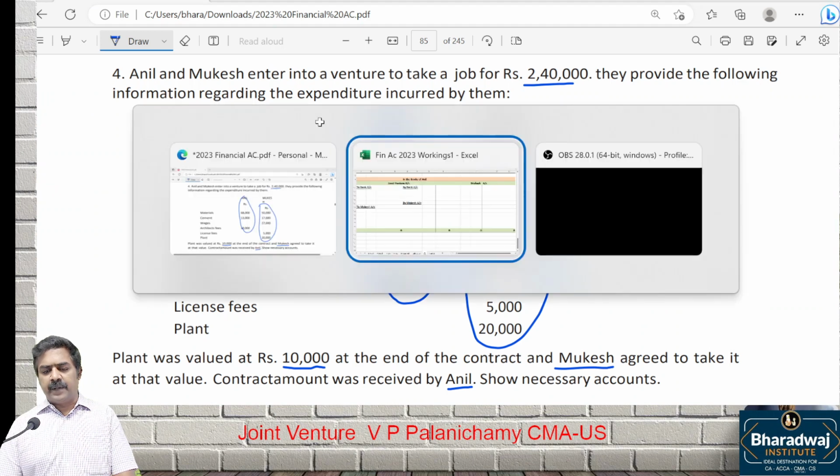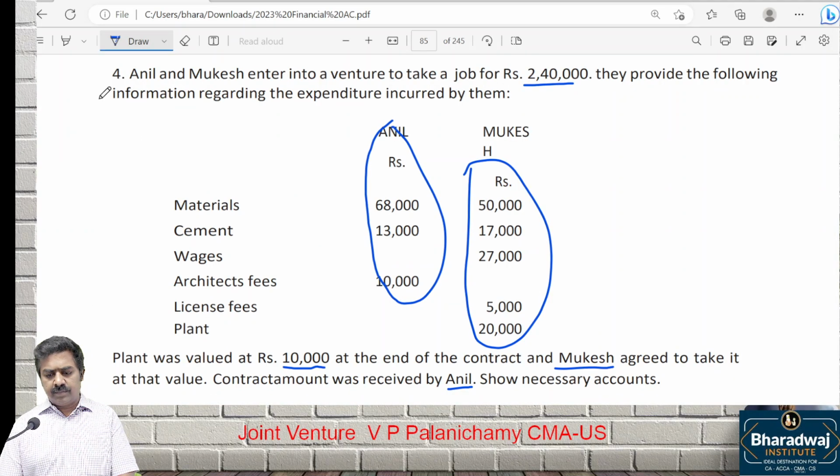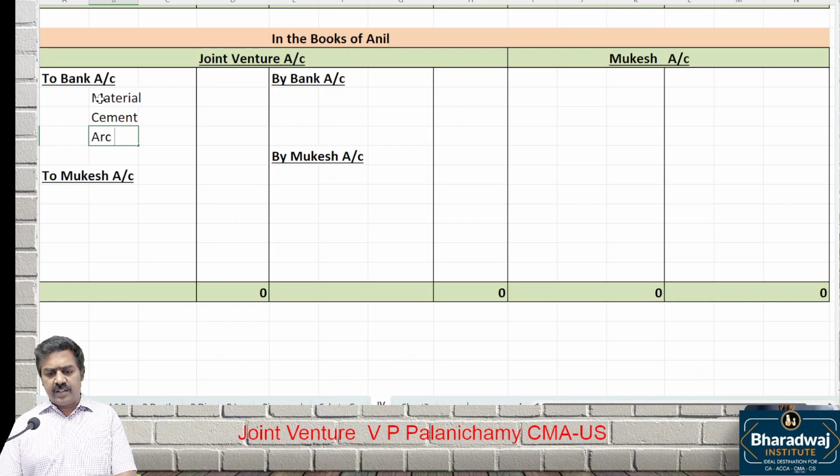what are the expenses paid by us? Material, cement, architect fees. How much have we paid? 68,000, 13,000.